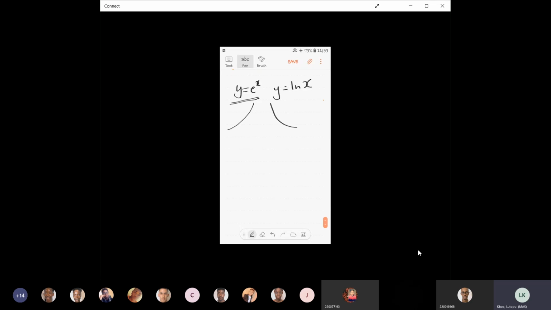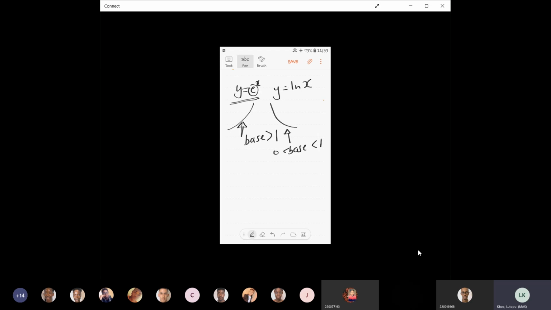To decide that, I look at the base over here. If the base is bigger than 1, then I must pick this one over here. So here my base is bigger than 1. And this one, my base is less than 1 and greater than 0. So it's between 0 and 1.